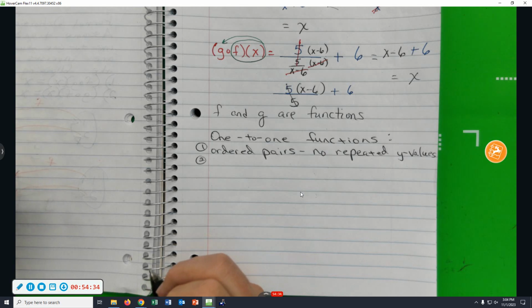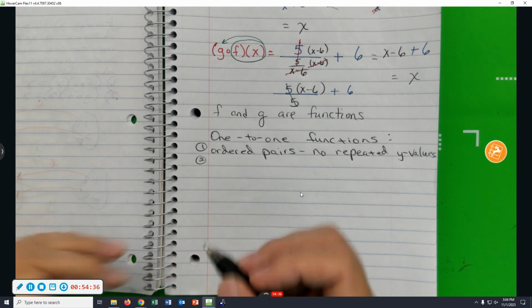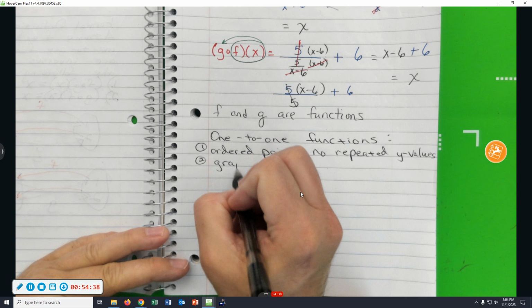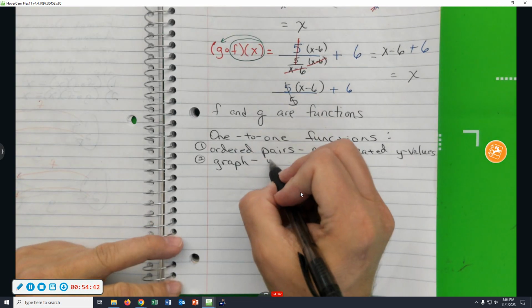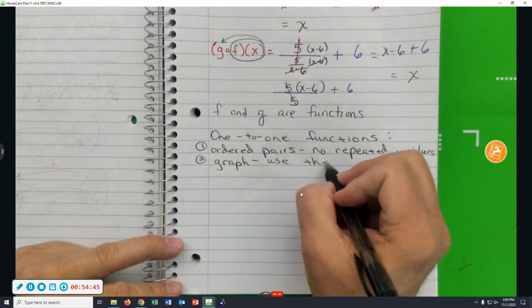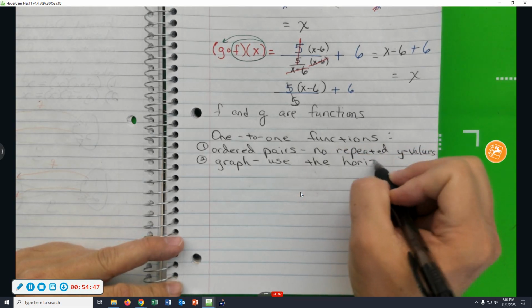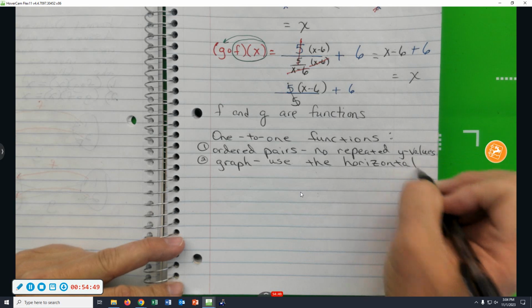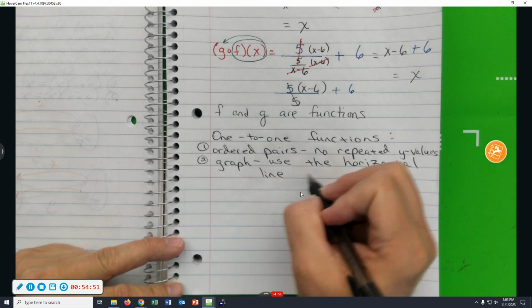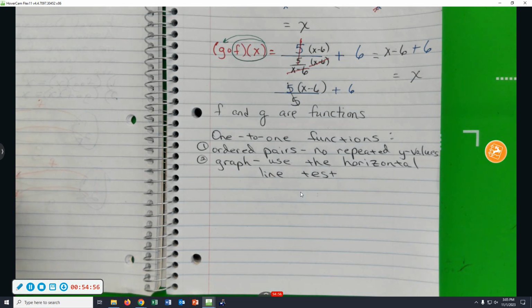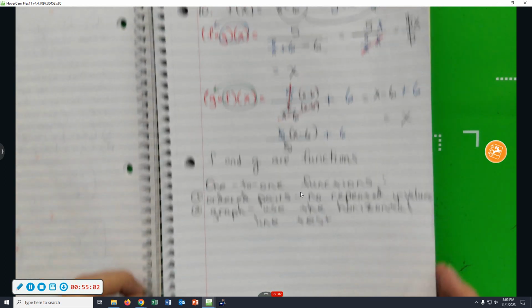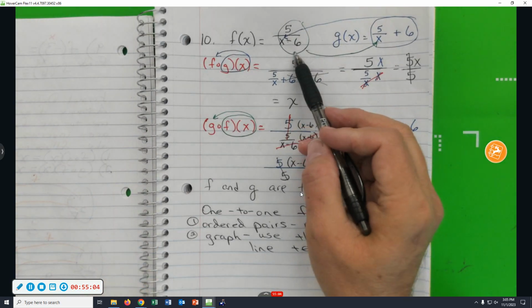For a graph, it's easy to decide whether a function's one-to-one. If it's a graph, use that horizontal line test. The third method of representing a function, the one that we use primarily, an algebraic equation.